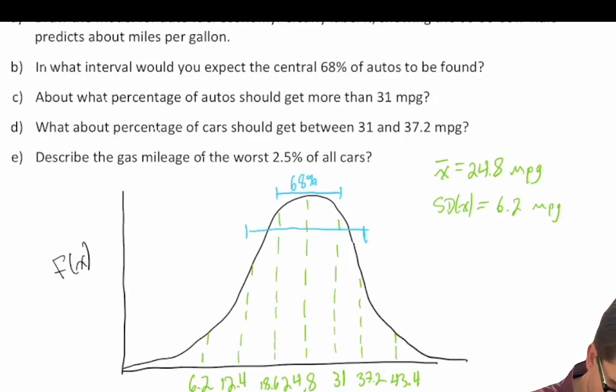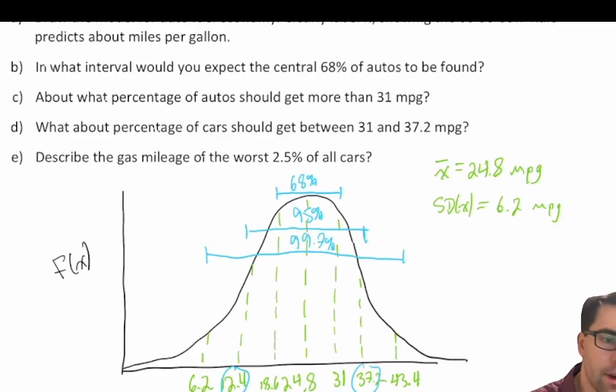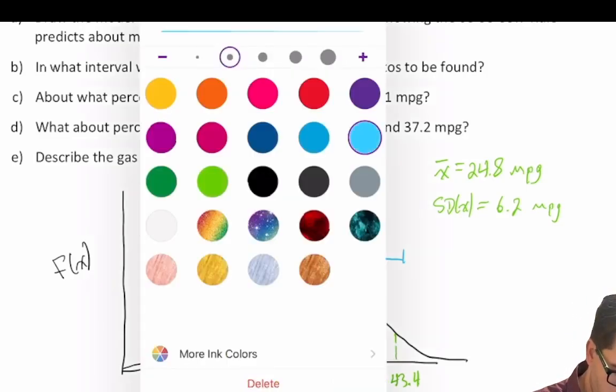And then between ±3 standard deviations from the mean, we'll see our central 99.7% of our observations. Okay, so that question for A is now done.